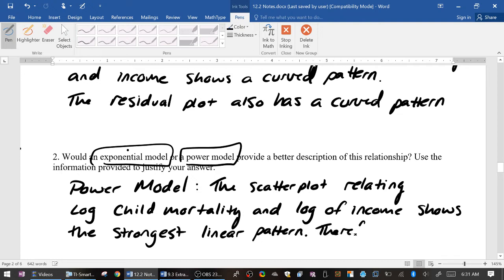Therefore, a power model is the most appropriate.